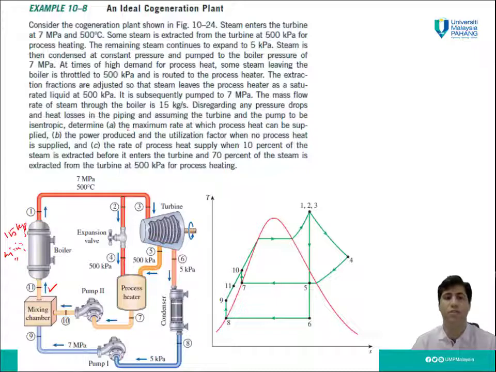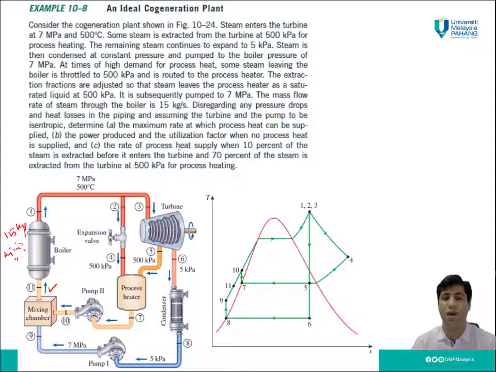Then we need to determine the maximum rate at which process heat can be supplied, which means sending all the working fluid to the process heater. Then the power produced and the utilization factor when no process heat is supplied. It means this valve is closed, and everything will go to the turbine, then the condenser.